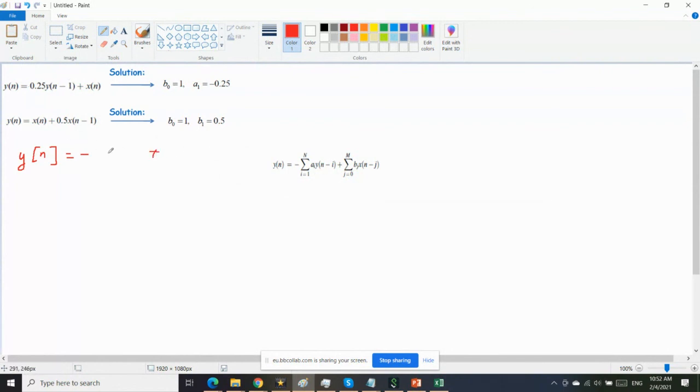For the shifted versions of the y's I have this: 0.25 y n minus 1. But to keep the equation the same, since I put a minus here I have to put a minus here. Plus the sum of shifted versions of x: it is 1 multiplied by x of n.